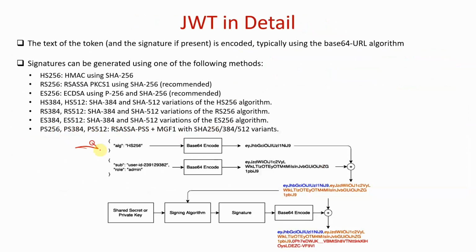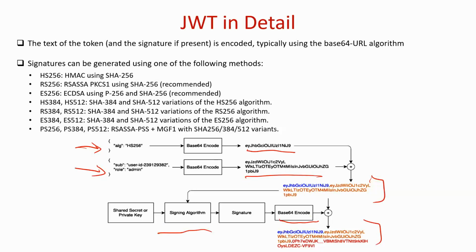So you take the header, which includes the algorithm, you convert it into base 64, you get a value. You take the payload, you convert it using base 64, you get another value. You concatenate them as you see here. So this is the concatenation, and you feed the concatenation to the signature algorithm. If it exists, you generate the signature, you encode the signature, and you concatenate it with the two other fields, and this is the JWT.